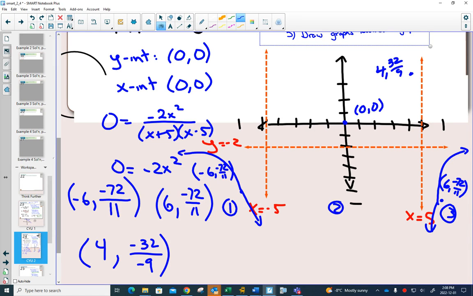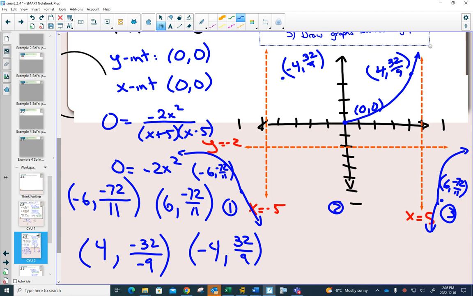And because of the original equation, negative 4 would be identical. And I know my graph looks like this.